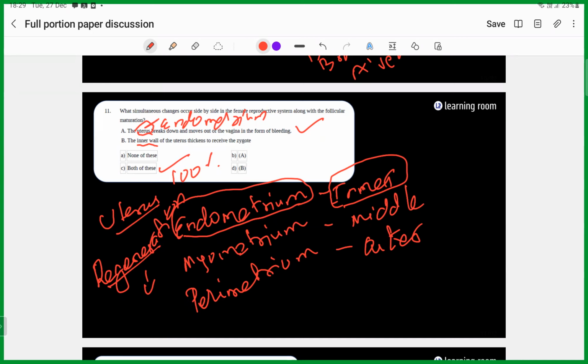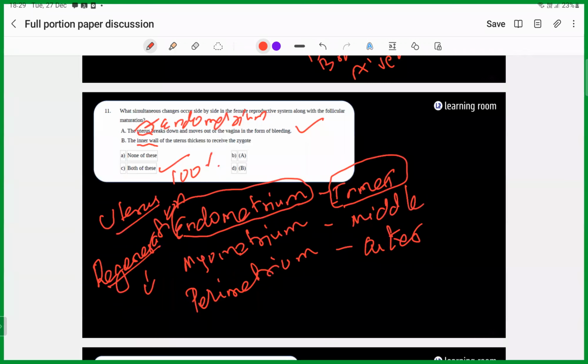For example, what is your answer? According to me, both are correct, sir. But the change which occurs is B only. Both are correct, that's what they are asking. Both are correct or both are wrong. No, sir. They're asking related to the situation, no, sir.